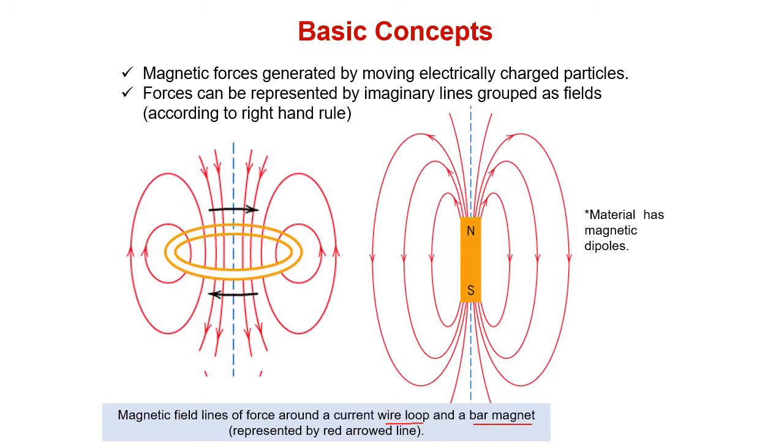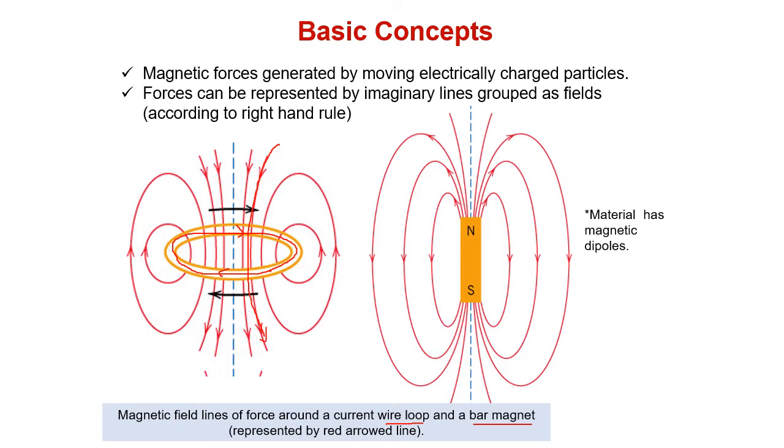We can see for the current wire loop, if we apply the electric current in this loop in this direction, by using the right hand rule, we can have the direction of magnetic field downwards through this loop.